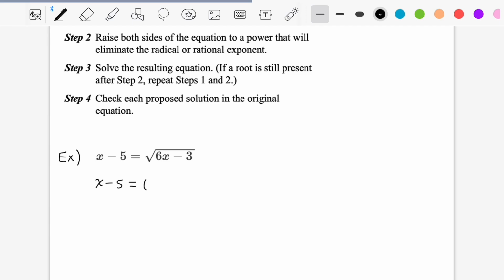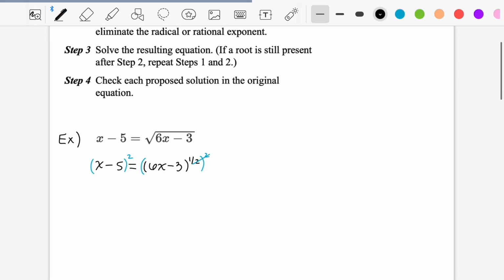This is the same as 6x minus 3 raised to the 1/2 power. So if we raise both sides of our equation to the second power, or square both sides, these will cancel here. So then we have x minus 5 squared is equal to 6x minus 3.